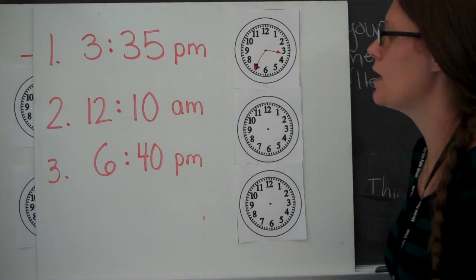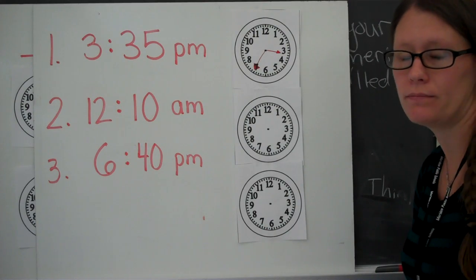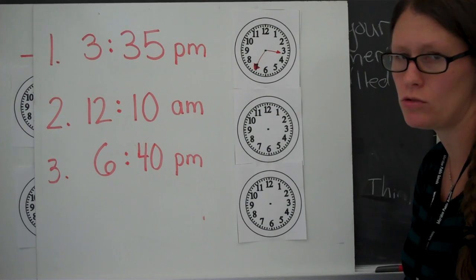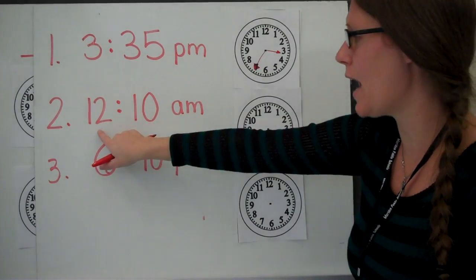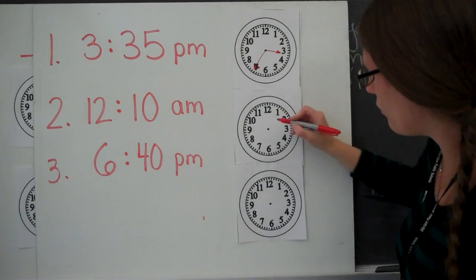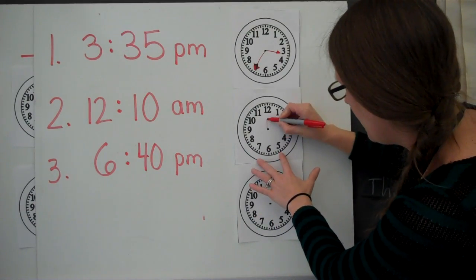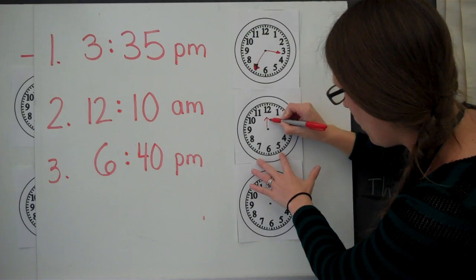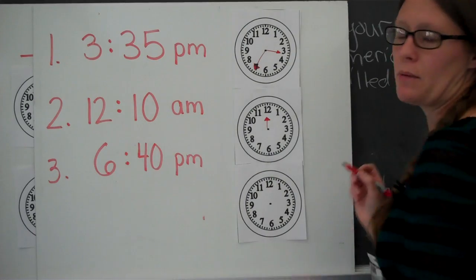Okay, let's look at the next one. 12:10 a.m. You should be sleeping. I am. Start with the hours. It's right on the 12. So I'm going to make my hour hand short. Hour is short. Then I'm going to make my minutes.